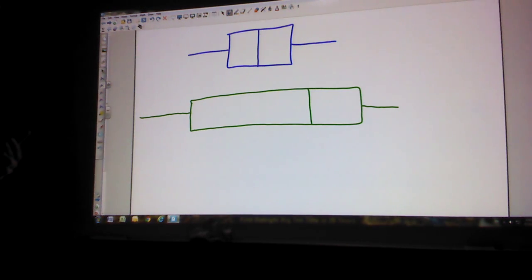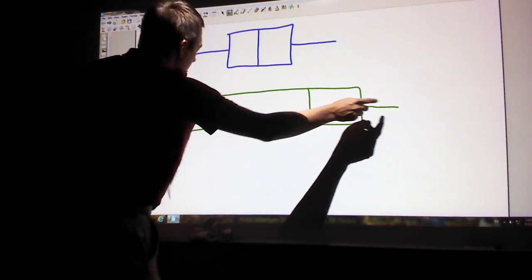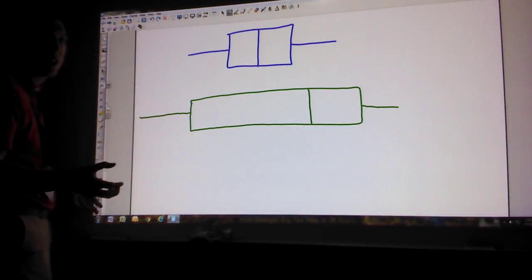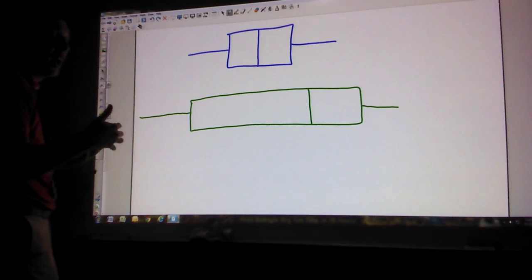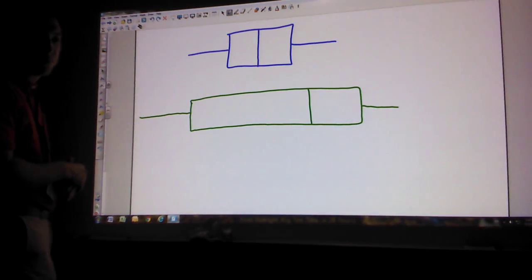Also, you need to compare these spreads. Now this one you could probably just look at and say green is more spread out than blue. But if you wanted to say green has a larger range, highest minus the lowest, and calculate that and say that it has a higher range than blue, that also works.